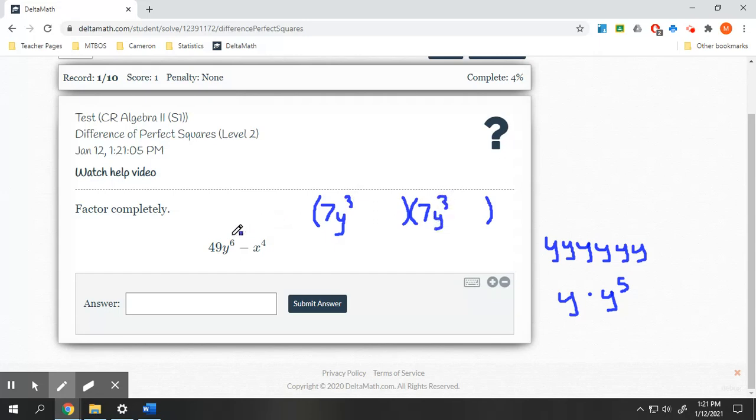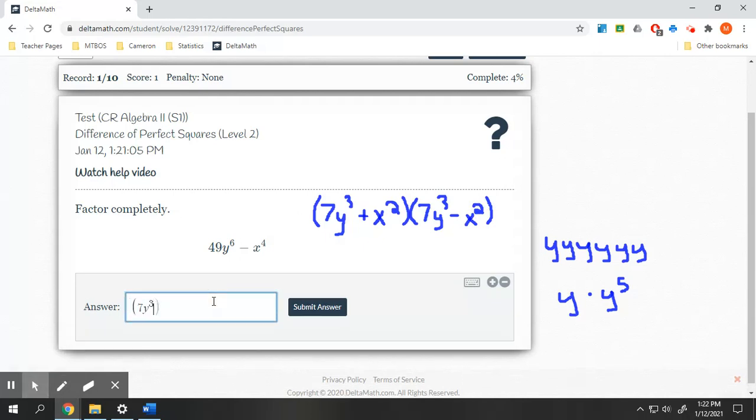If I were to multiply that out, 7 times 7 is 49, and y to the 3rd times y to the 3rd is y to the 6th. And here we go, plus, minus. I have x to the 4th power. That breaks up evenly into x squared and x squared. And that is my factored term.